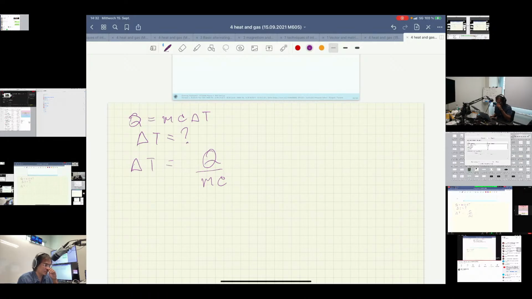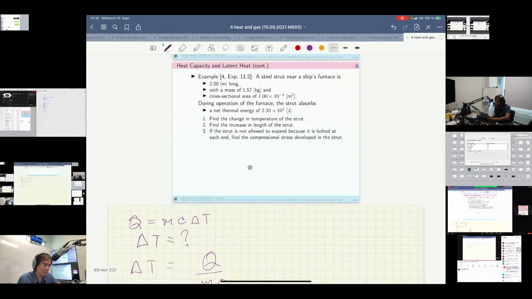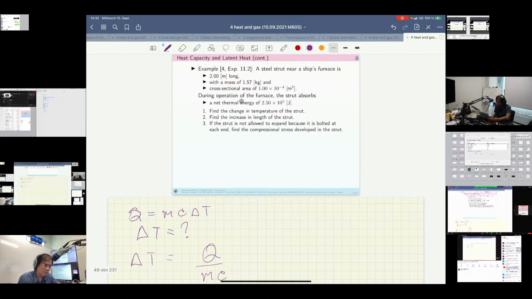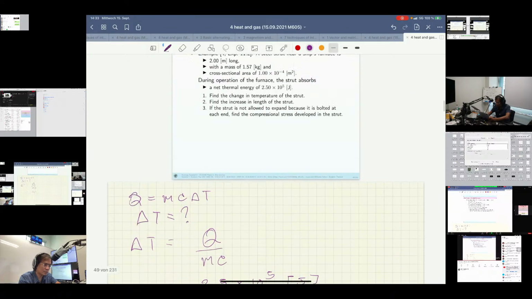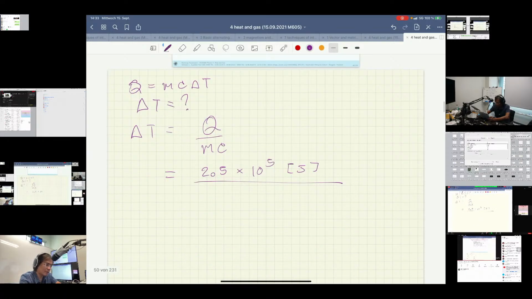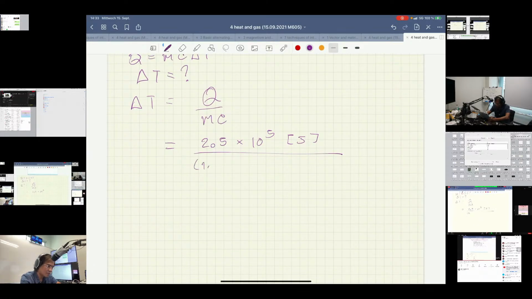And Q is the quantity that they have provided, which is 2.5 times 10 to the power of 5 joule, and the mass of the steel strut, which is 1.57 kilogram.